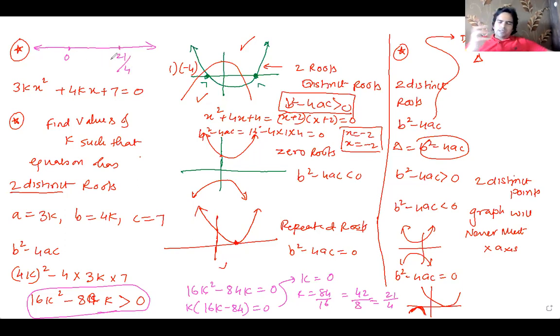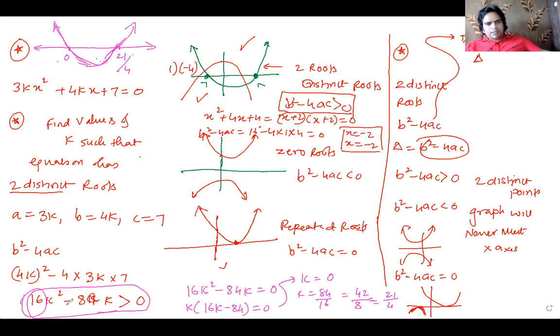Now, I have to figure out what will be the sign in each interval, that's what a sign diagram is. Since I already know the roots of 16k squared minus 84k, and I can see that the coefficient of k squared is positive, obviously the graph will be a happy face graph. So the graph is going to look something like this.